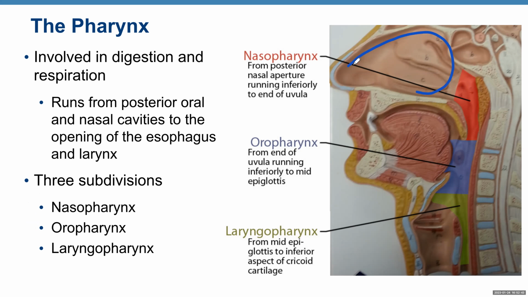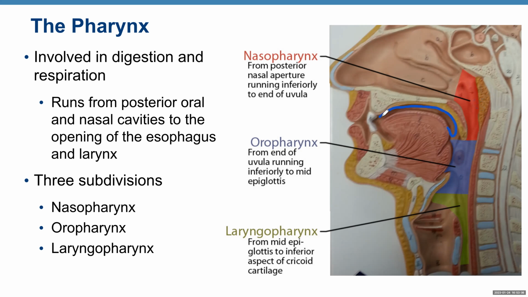So here's the nasal cavity. Posterior to the nasal cavity, we have the nasopharynx, from the posterior nasal aperture, that is this part, running inferiorly to the end of the uvula. So here's our uvula hanging down from the soft palate, and that's the end of our nasopharynx shown here in red.